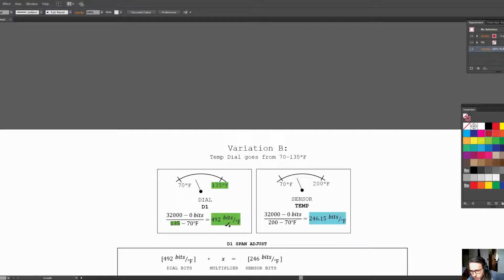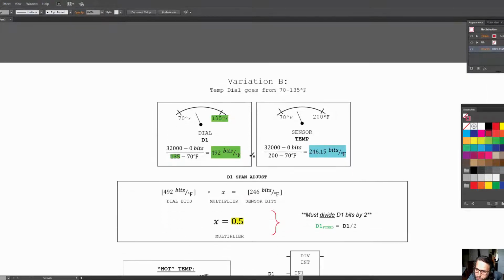So before, these bits per degree Fahrenheit were the same and now they're different. And so we have to fix that, because remember the last step of this, in the comparator, when we are asking is the temperature greater than the dial, those have to have the same number of bits per degree Fahrenheit. If they don't agree, then that's not going to work.